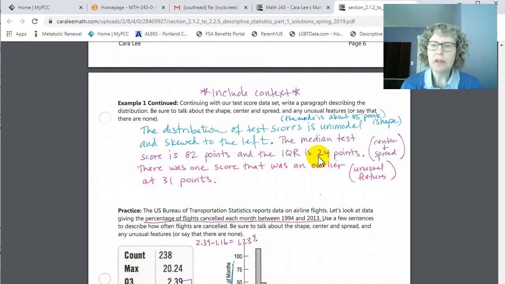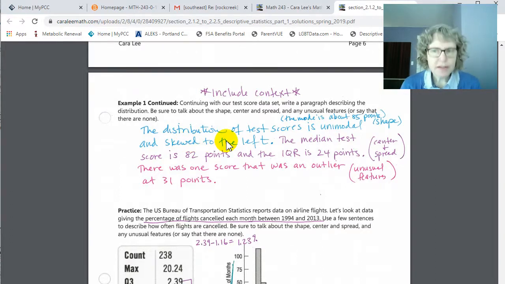So I'm putting the units on each statistic, and in this case there was one score that was an outlier at 31 points. So by saying score, that helps the reader again be like, oh yeah, we're talking about scores and these are points. And so here we've got the 4 parts to the paragraph. We've got the shape, so unimodal, and then if it's skewed left, skewed right, or symmetric.